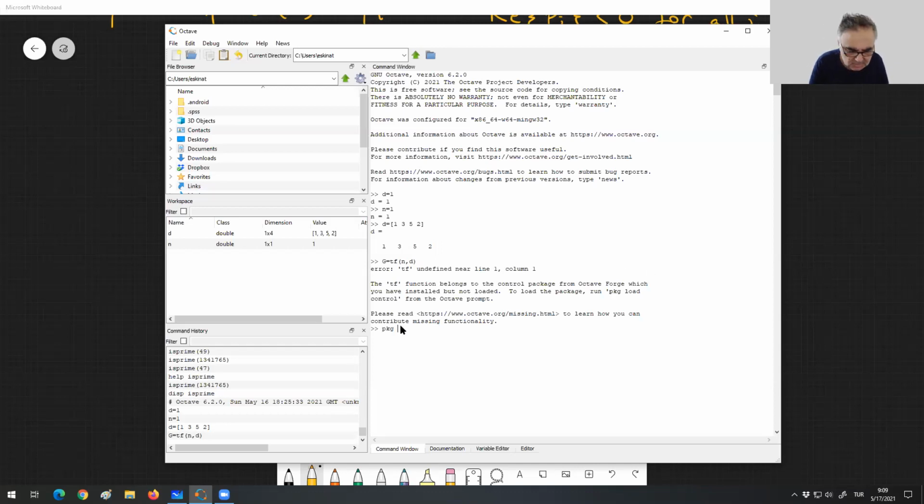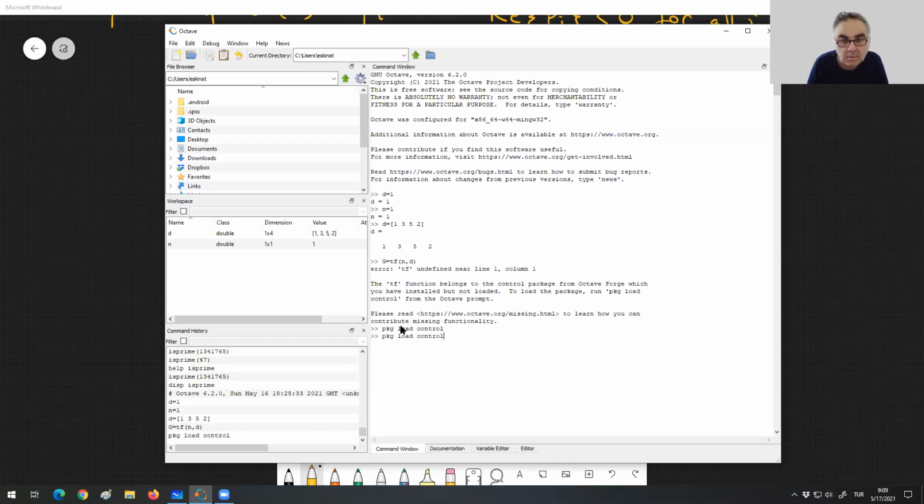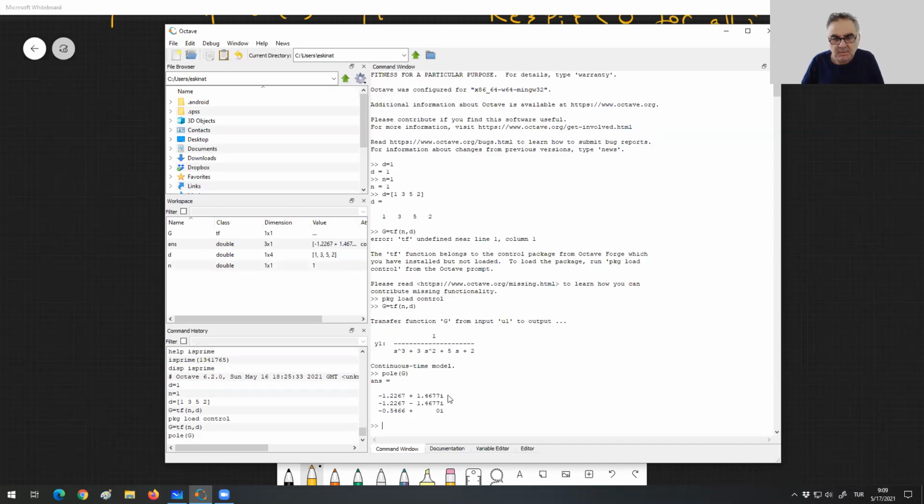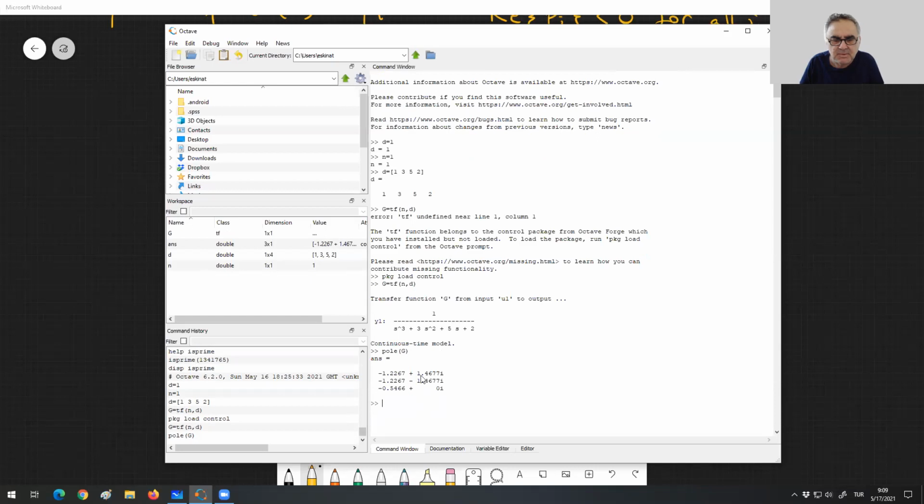Okay. So poles of G. Okay. Now we see that the poles of this system are all negative. So let's look at the step response of this system.